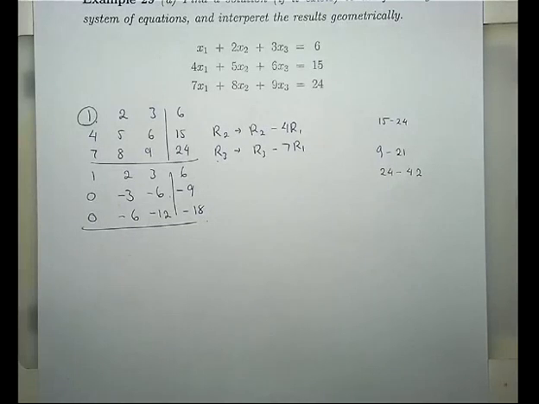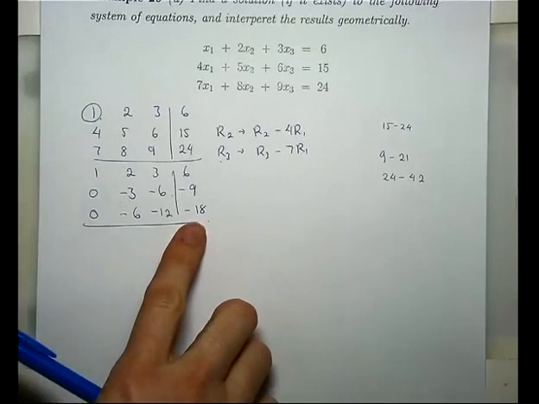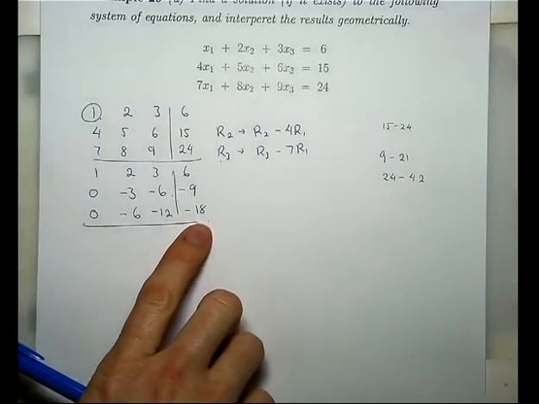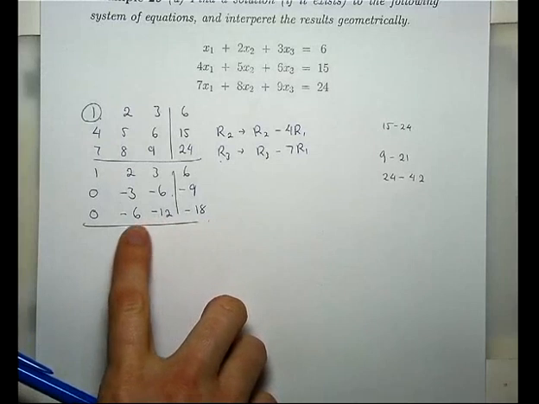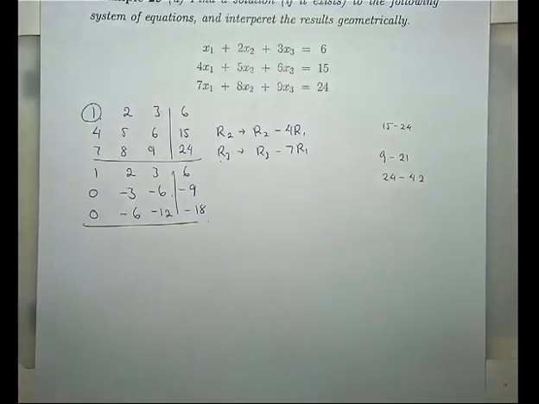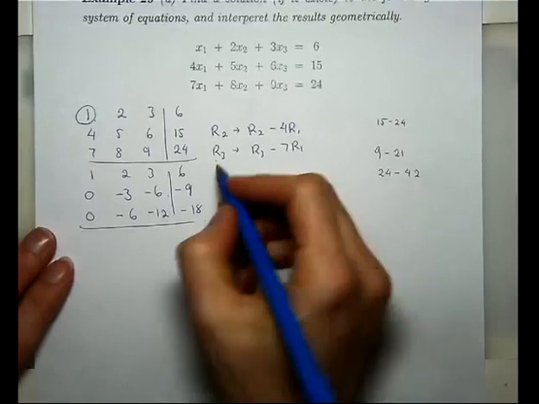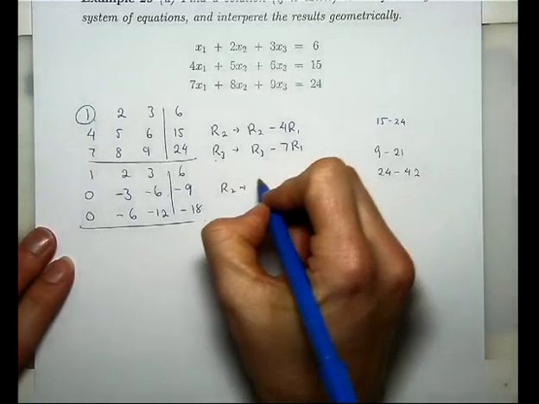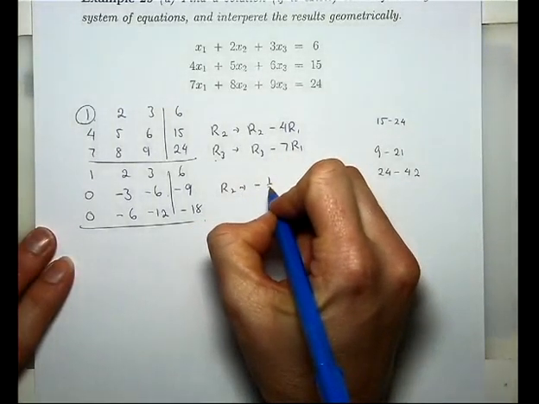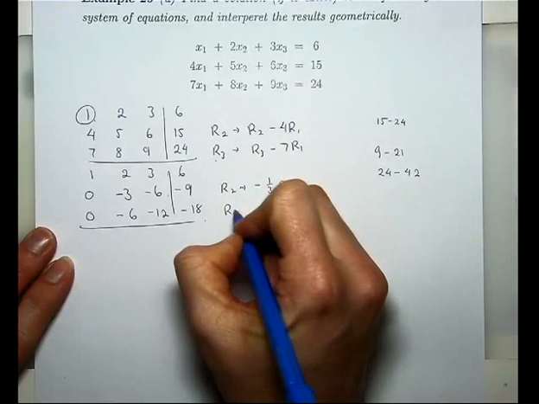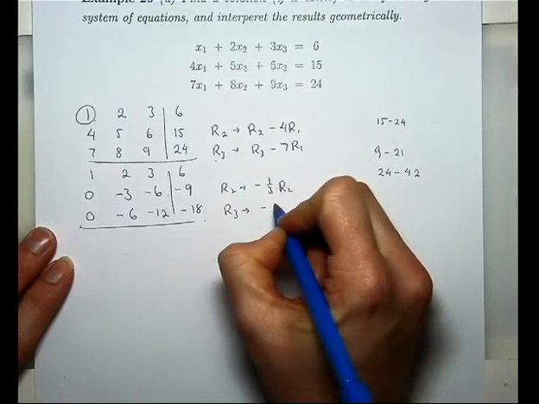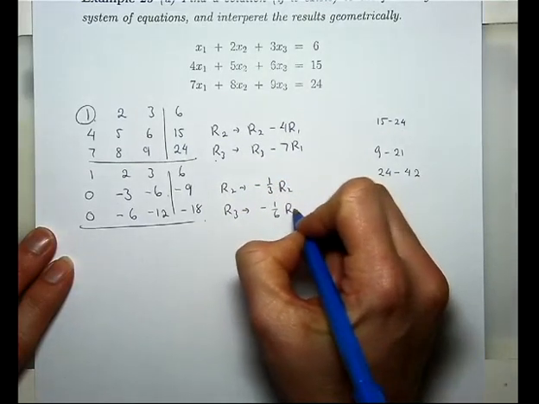So you might get a half or a third maybe, but if you ended up dividing by 17 or something, we're not going to get that kind of stuff. If you've got that, you've probably made a mistake. So just go back and check. Minus a third. Minus 1/6.